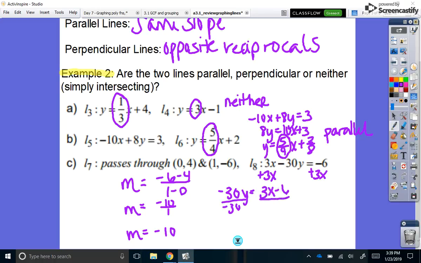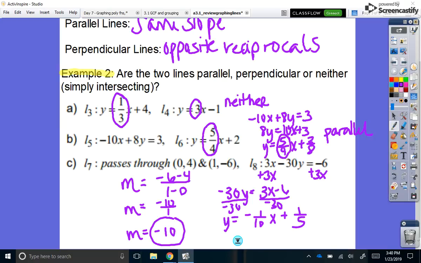Divide by negative 30, and you get the line y equals negative 1/10 x plus 1/5. So negative 3/30 reduces to negative 1/10. Negative 6 over negative 30 reduces to 1/5. So we have a slope of negative 10.